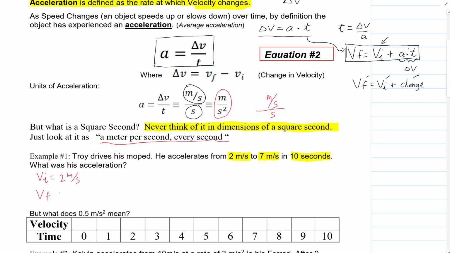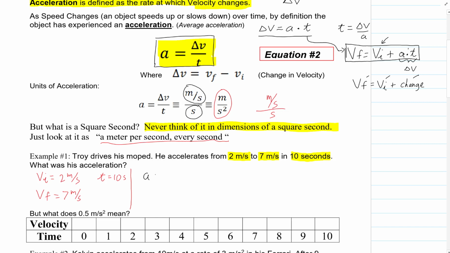The final speed is 7 meters per second. And the time is 10 seconds. I've written down my givens. You write down the formula to calculate the acceleration, and that's the big boxed one up here. It says acceleration is change in velocity over time.